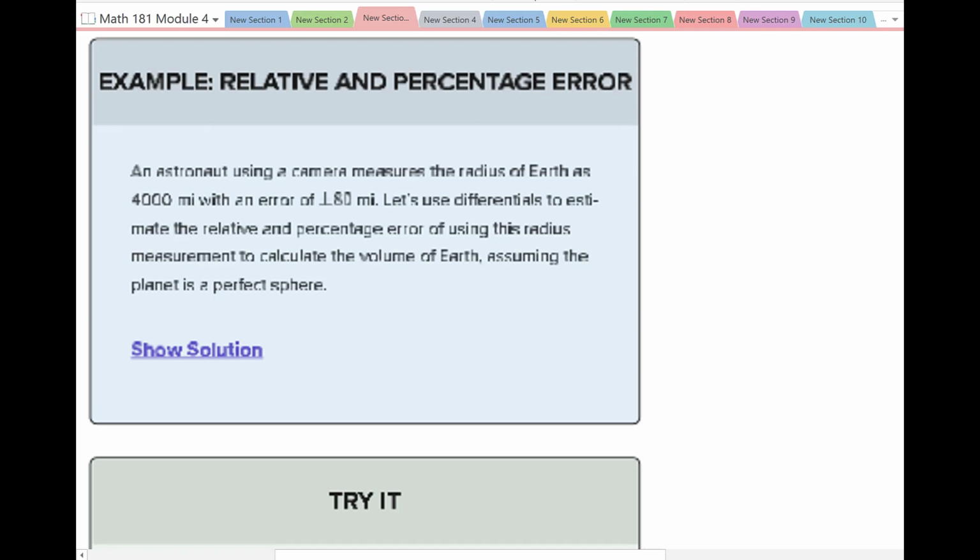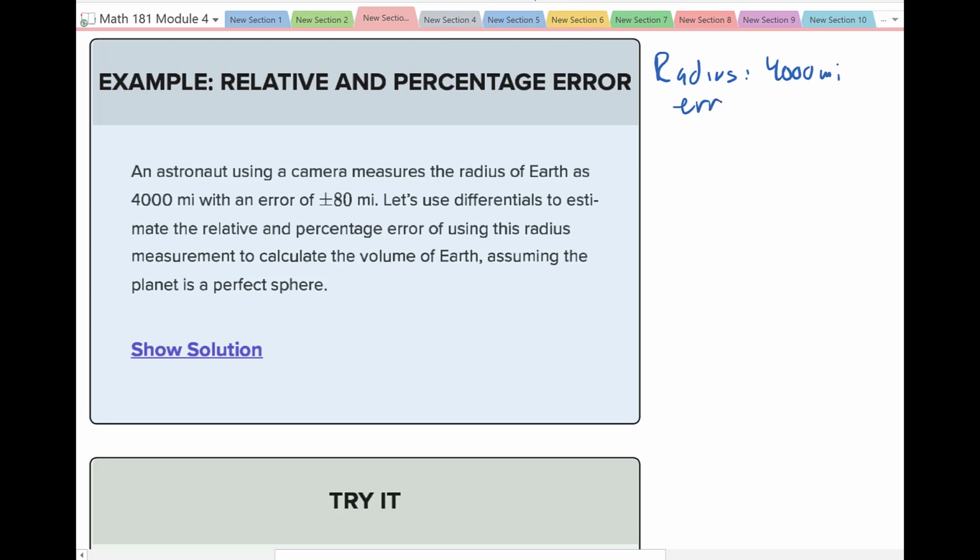So the radius is 4,000 miles, and the error is plus or minus 80.